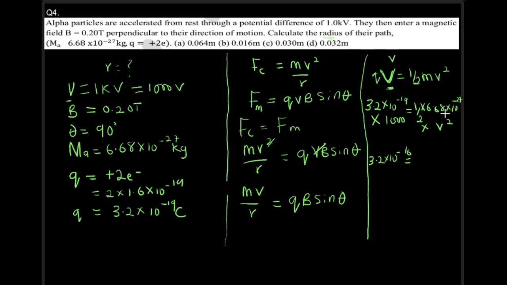Simplifying the right hand side, we have 6.68 times 10 raised to the power of minus 27 multiplied by 0.5, which gives us 3.34 times 10 raised to the power of minus 27 v squared.